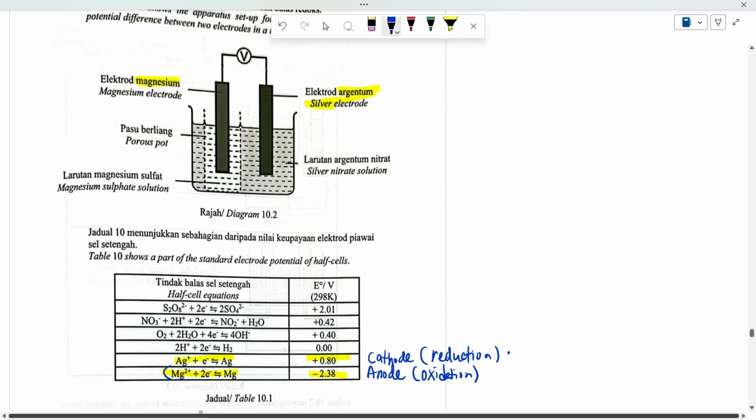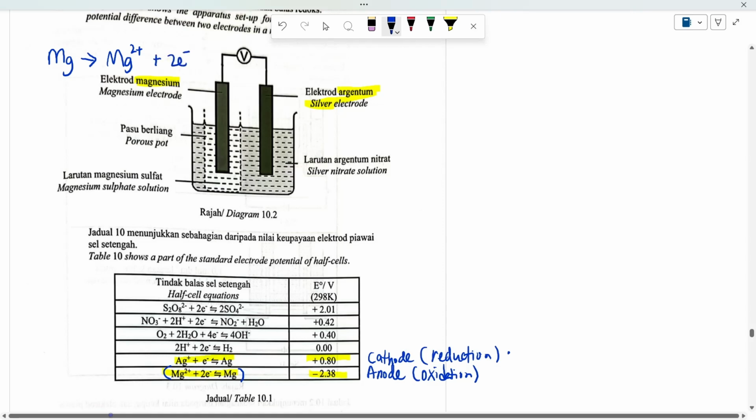Can we copy this? Yes or no? No. So what is the correct one? It should be reversed, more to the left. So magnesium produces magnesium ions, losing 2 electrons.